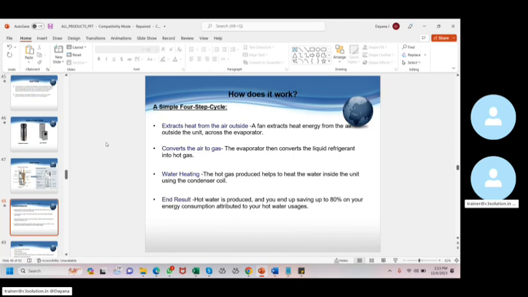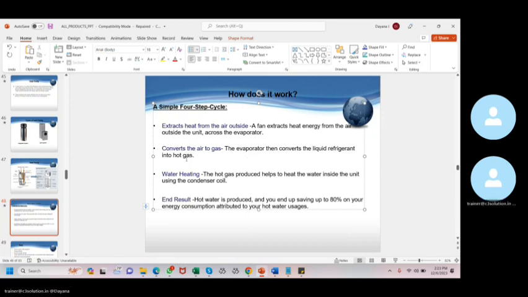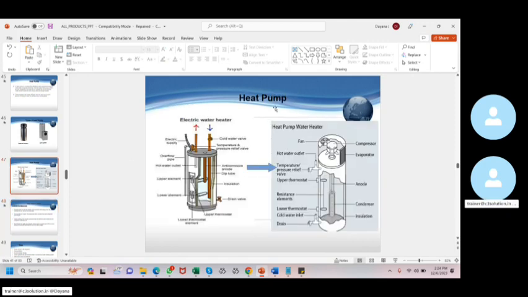It converts air to gas. We have air here. The fan extracts the heat energy from the air, and that air converts to hot gas by using this evaporator. Got it? The first thing that happens: outside air is extracted by using this fan and goes across the evaporator. It is passing through this evaporator.